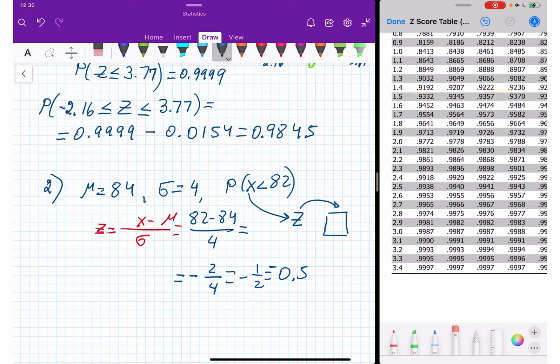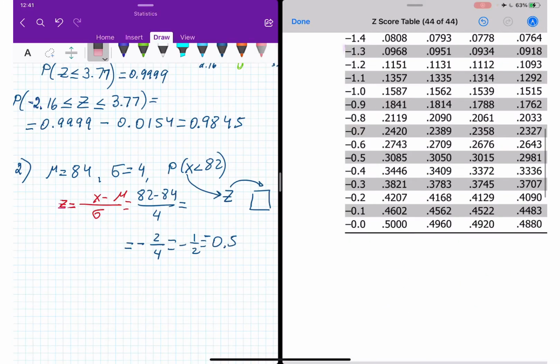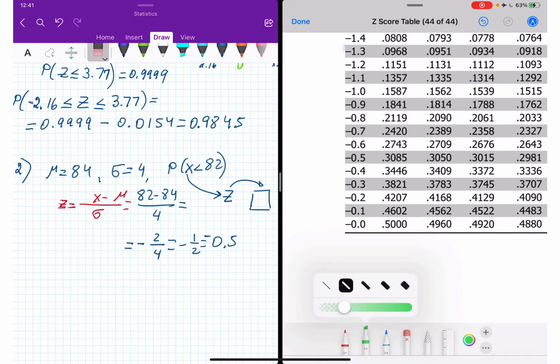Okay, let's find negative 0.5. Because it's a 0, the second decimal is going to be 0.